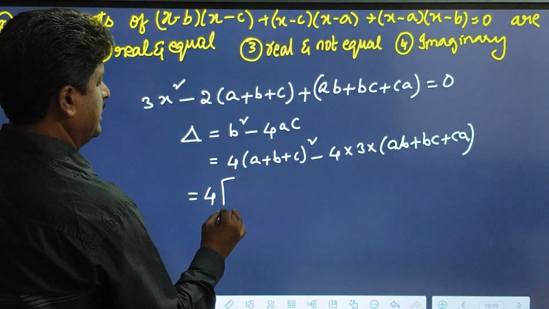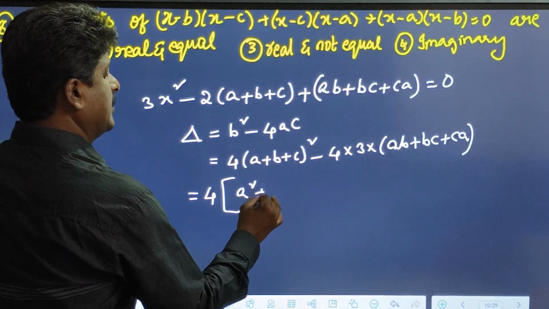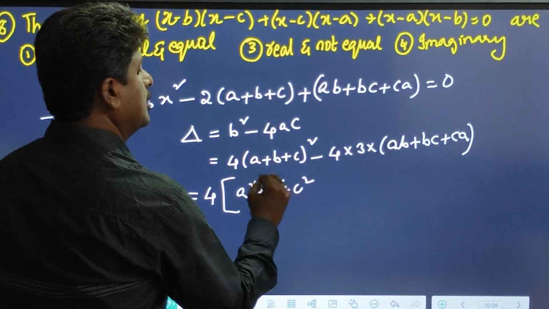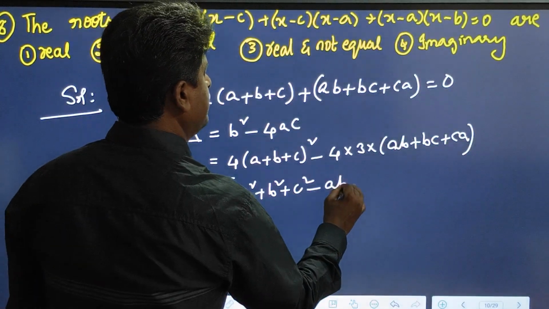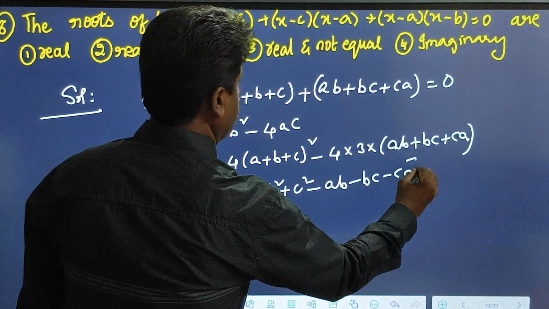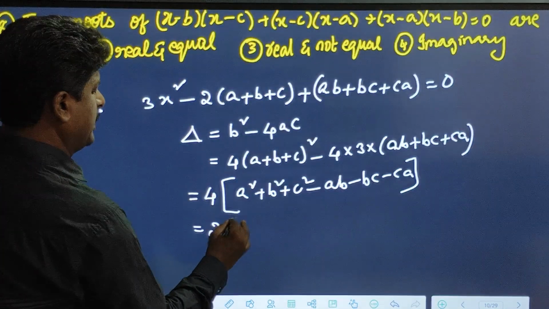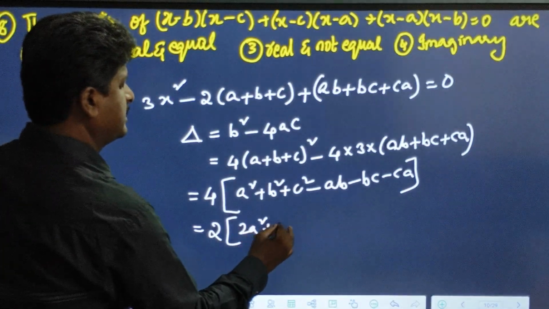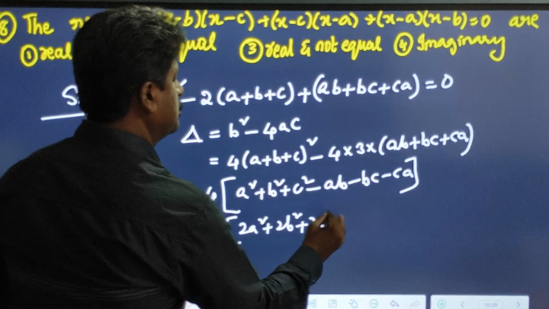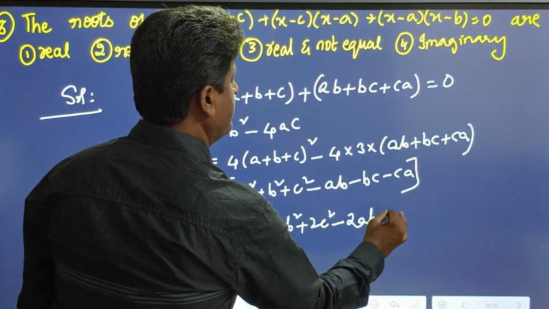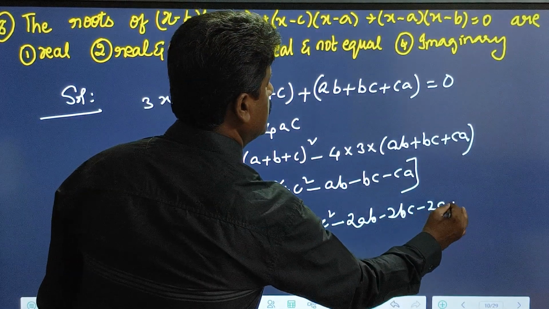4 taken out common, inside: a square plus b square plus c square, 2ab minus 3ab minus ab minus bc minus ca. This is 2 times 2a square plus 2b square plus 2c square minus 2ab minus 2bc minus 2ca.